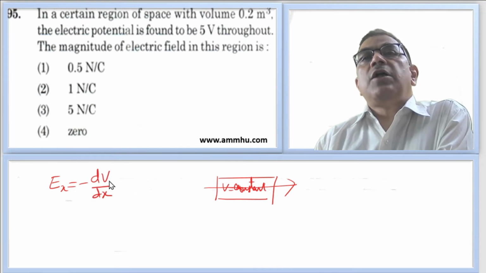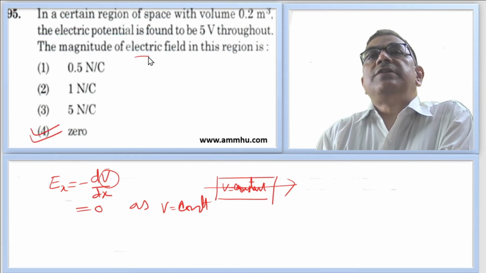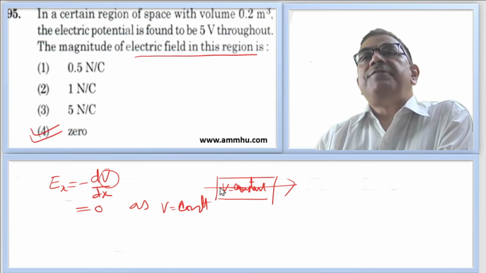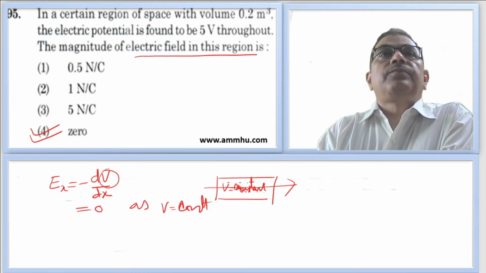Now V being constant, this has got to be 0. So the magnitude of the electric field at every point within this region has to be 0.